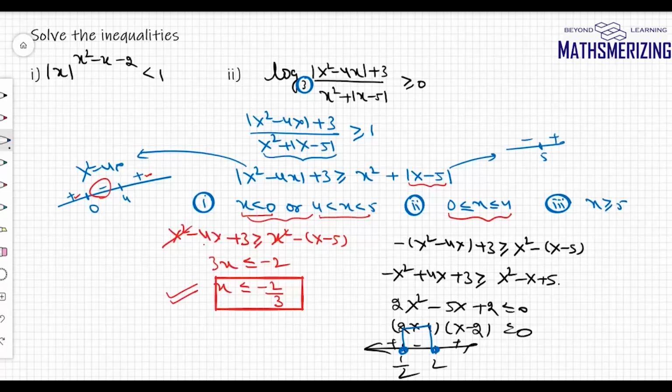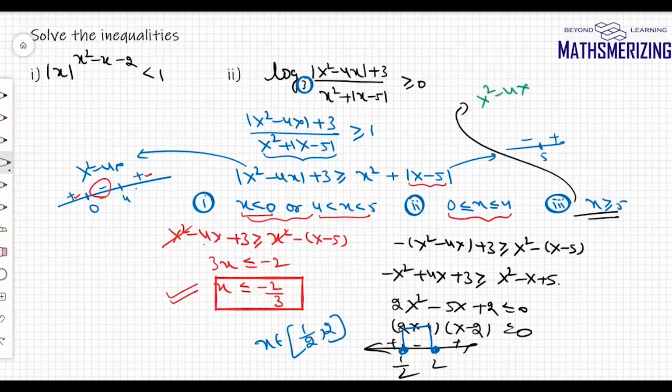So from the second case, the answer I'll get is x belongs to 1/2 and 2. Now when x is greater than 5, in that case, both the expressions are positive. So I can write it as x square minus 4x plus 3, and this is greater than x square plus x minus 5.